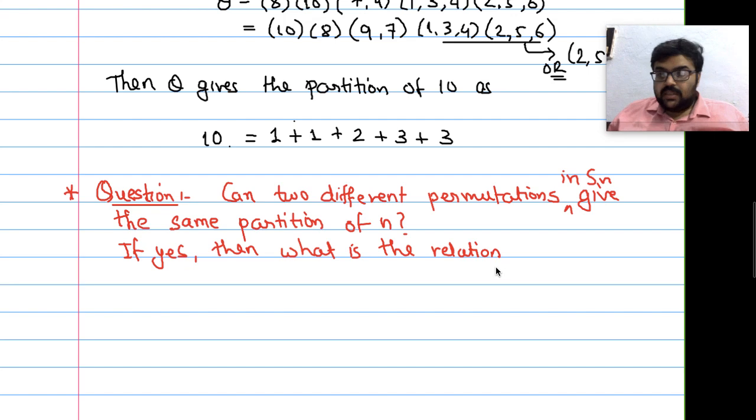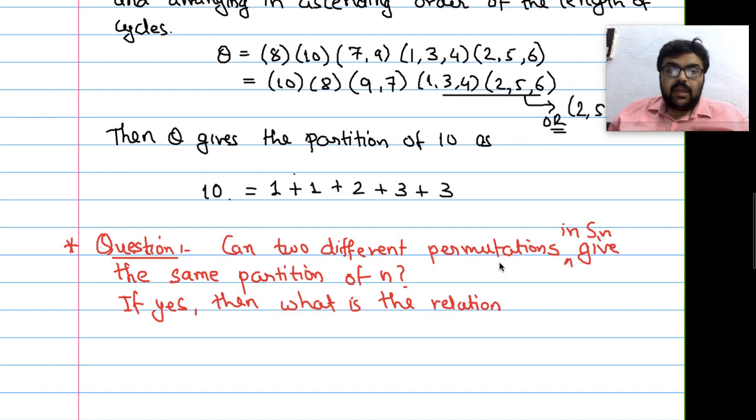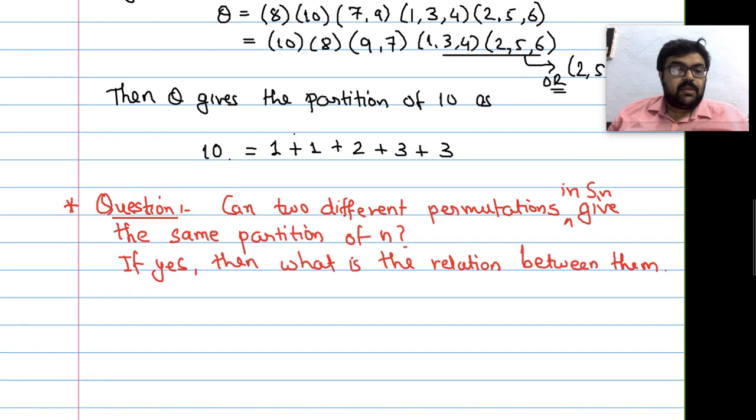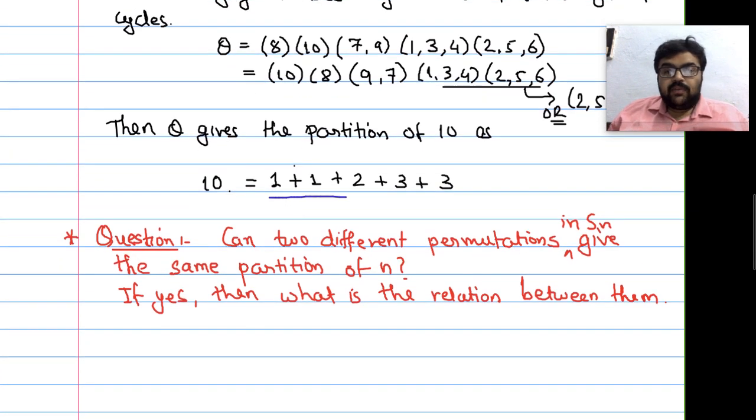So the answer is yes, it is possible. Now find out any other permutation which gives the same partition. You can pause the video and find. I'll give you one example. So I have to give this partition. I can take a cycle of length 1, another cycle of length 1, then a cycle of length 2, then 2 cycles of length 3.